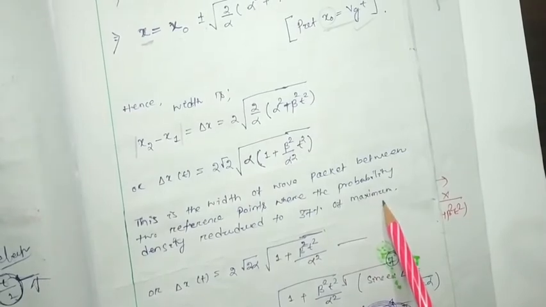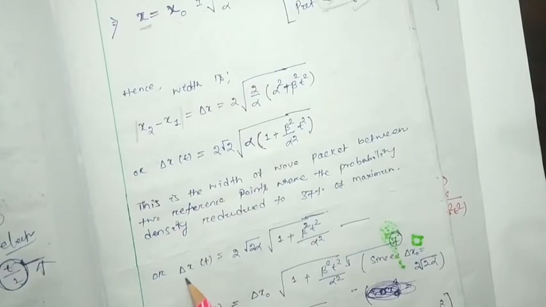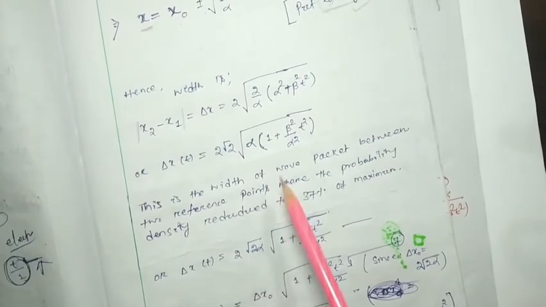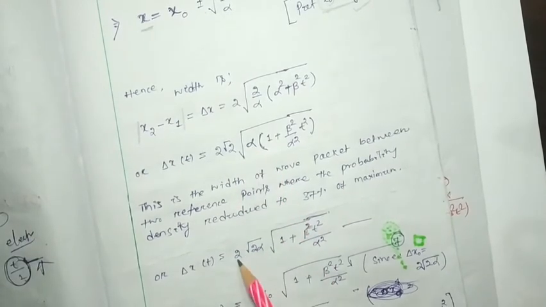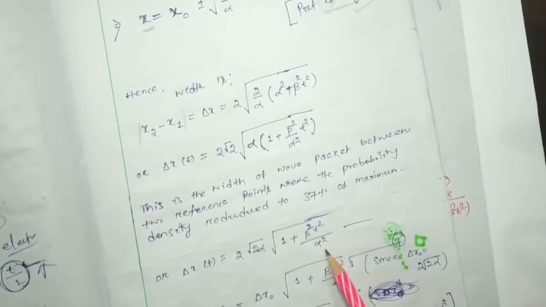Okay, now for further simplification, del x t, meaning at any time t, alpha can be taken outside. It will be 2 into root over of 2 alpha, root over of 1 plus beta square t square by alpha square.